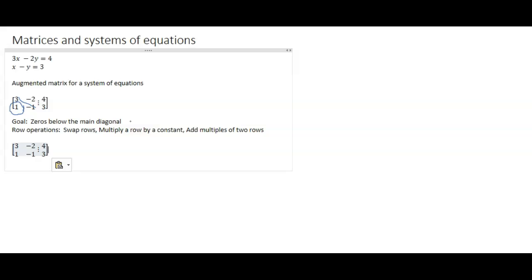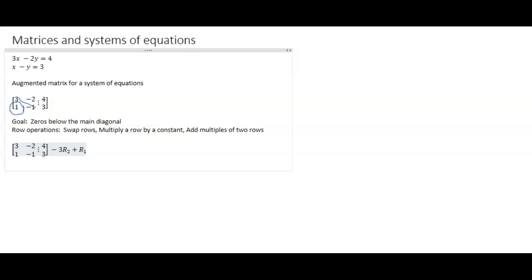I would want to have negative 3x in the bottom equation to go along with the positive 3x in the top equation. So if I multiply row 2 by negative 3 and add it to row 1, that'll get me a 0, 0x, if you want to think of it that way.